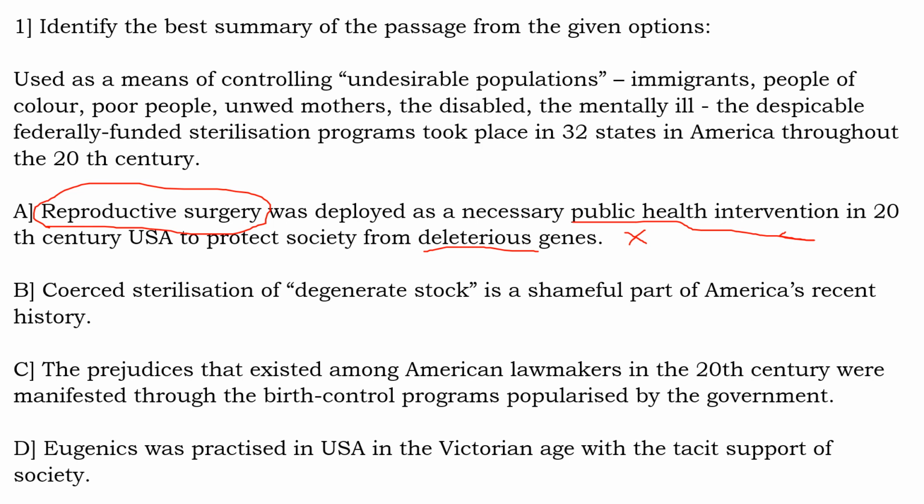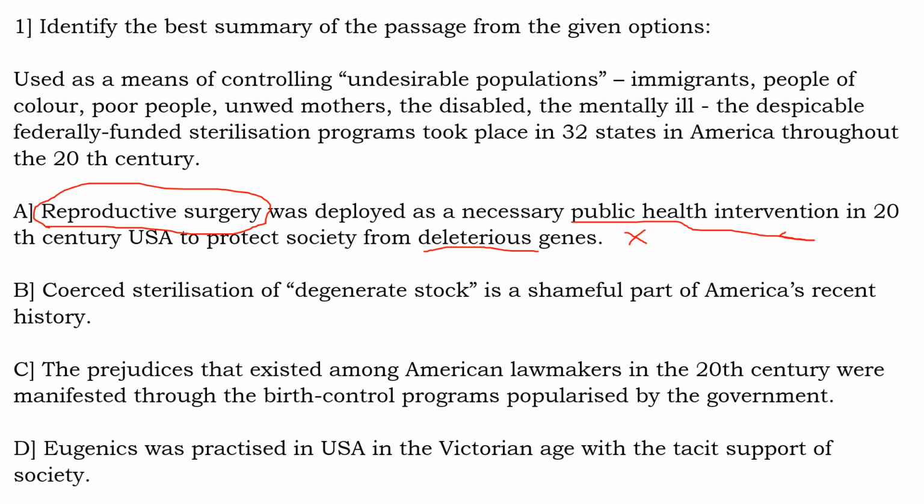Option B: coerced sterilization of degenerate stock is a shameful part of America's recent history. Again, the quotation mark, degenerate stock. Degenerate stock means a stock that is not good, so it is giving another meaning for the undesirable population. So degenerate stock means the people who are not considered good for the society.